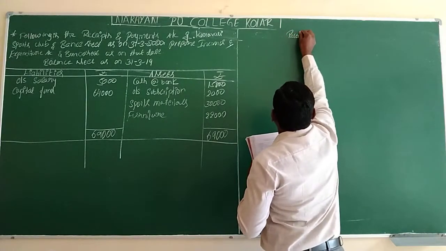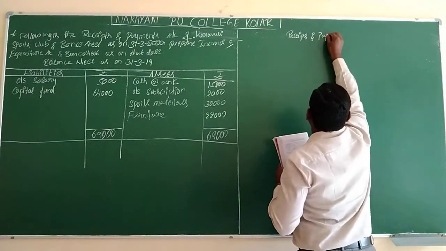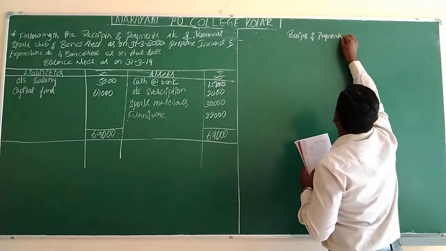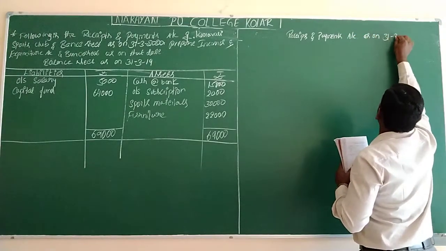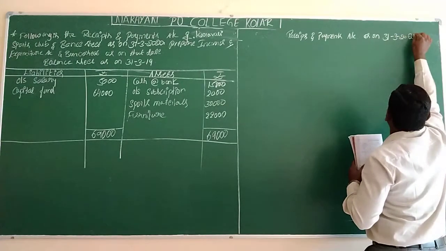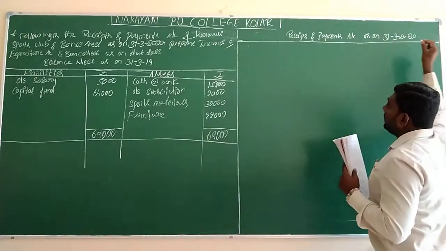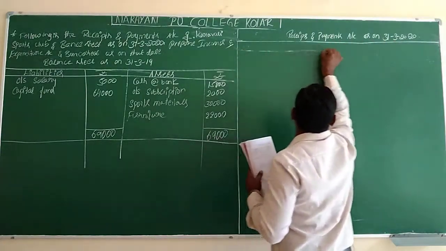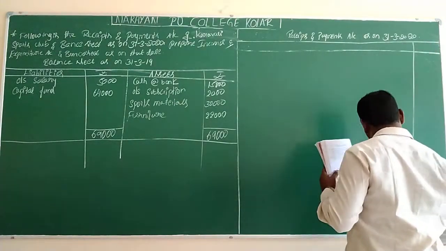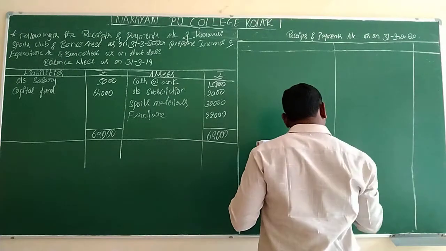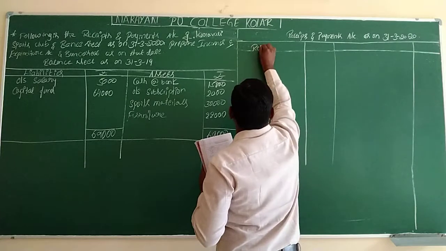Let's come to the receipts and payments account as on 31st March 2020. Receipts amount, payments amount.